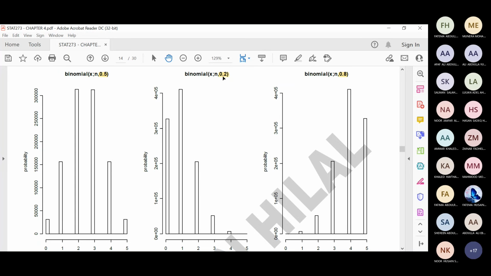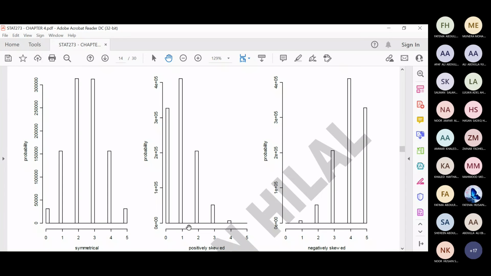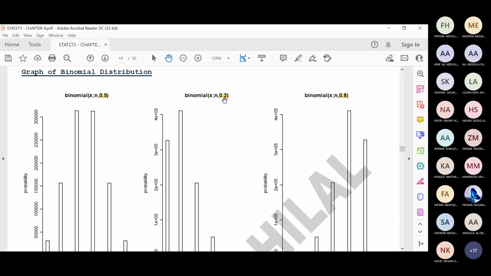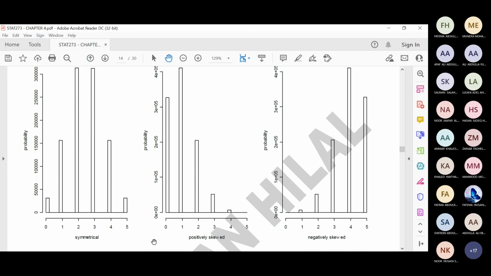What if I have a probability smaller than 0.5, less than half? You can see if it is 0.2, for example, the probability is higher for the small values. For a small P, the probability will be higher for the small values, for 0, 1 and 2, and it will be larger and then it will be reduced.